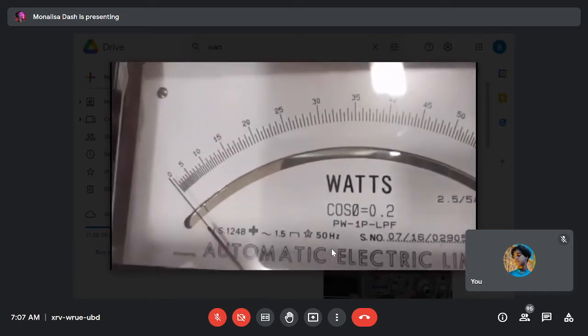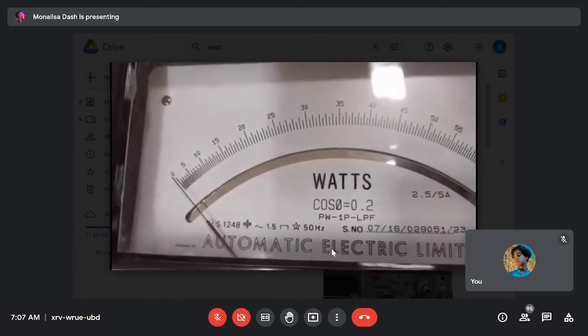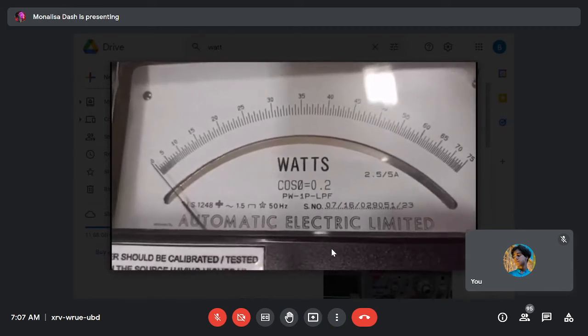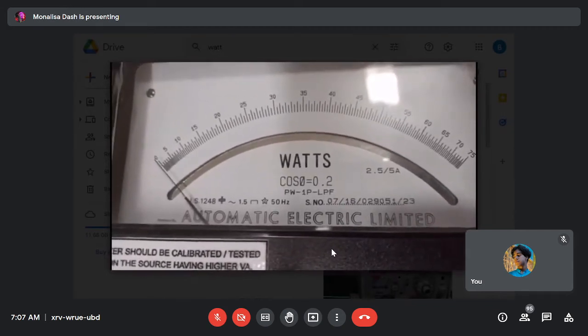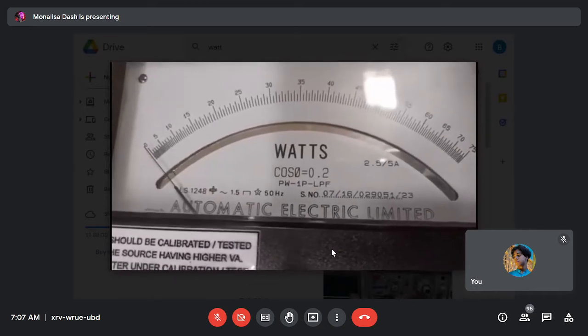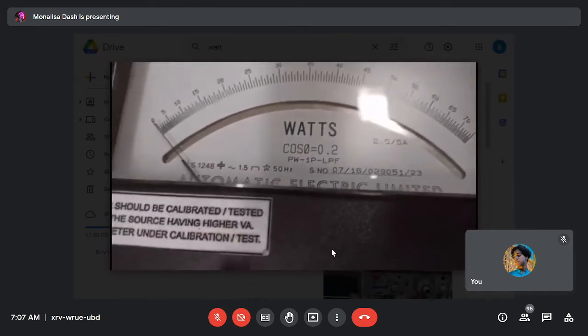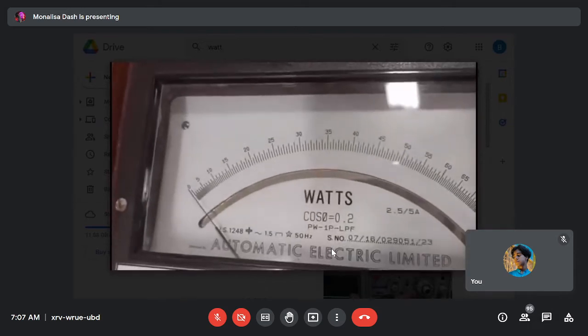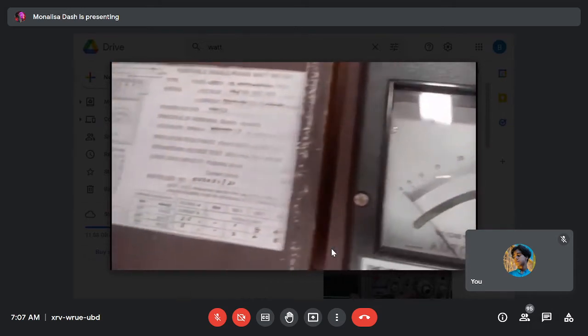Students, wattmeters are of two types, LPF and UPF. According to our load, we use them: LPF is low power factor and UPF is unit power factor. So you know, students, the formula of power is P equal to V into I, voltage into current.